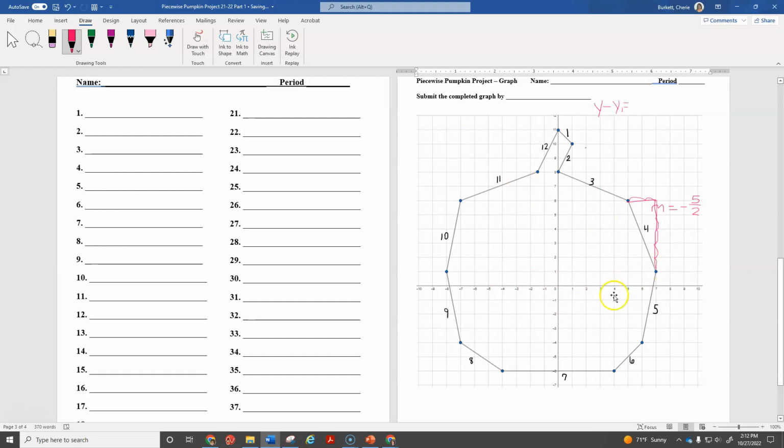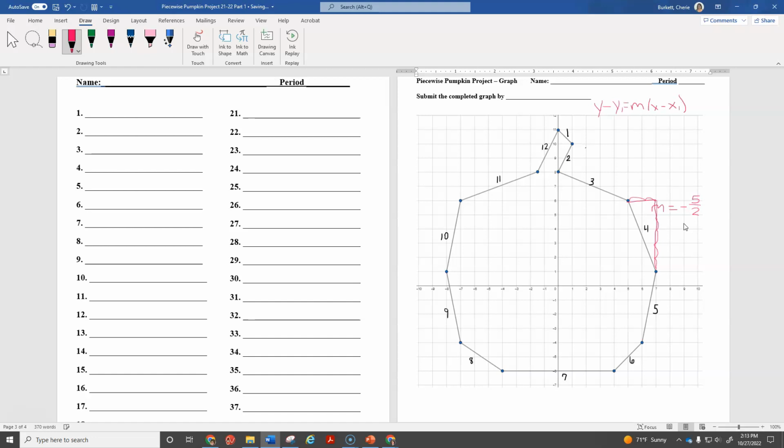You don't want this paper to get so crowded that you can't tell what's going on anymore. I'm just writing on it right here so that we can quickly reference how I'm doing what I'm doing. So the formula is y minus y1 equals the slope times x minus x1.